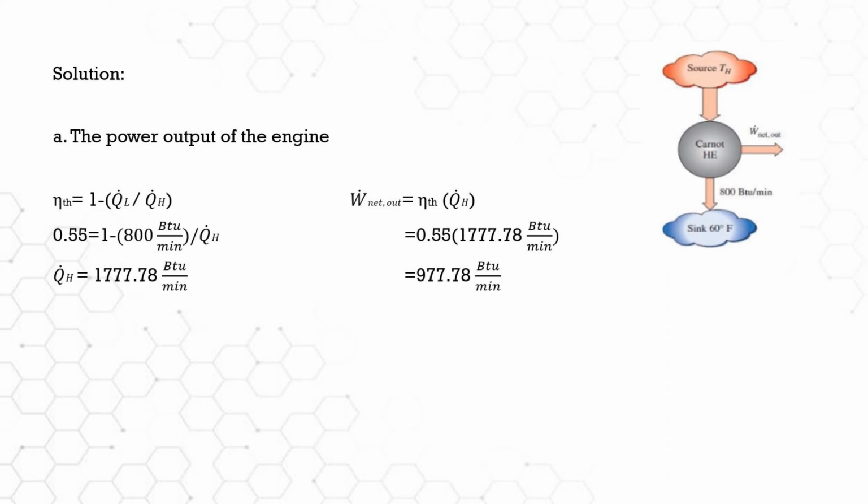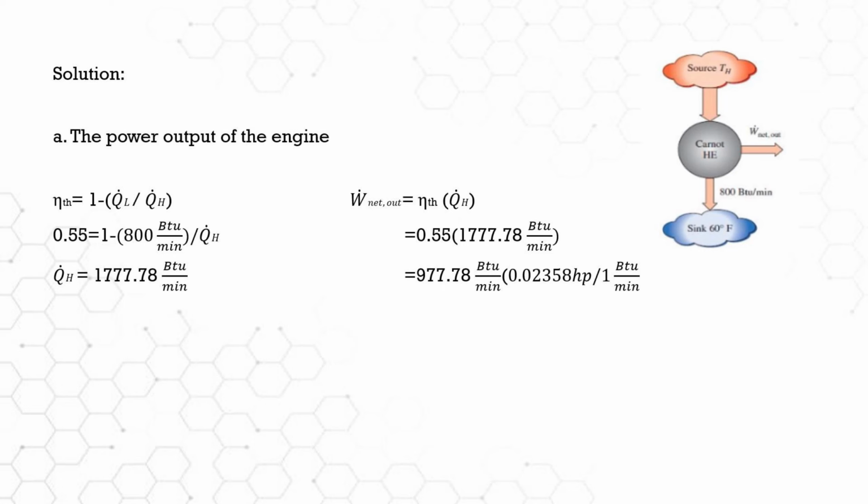Since we are working with power output, we need to convert British thermal unit per minute to horsepower, in which every 1 British thermal unit per minute is equal to 0.02358 horsepower.